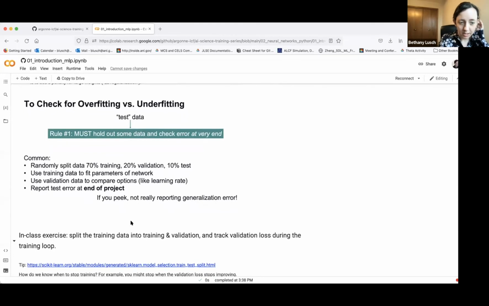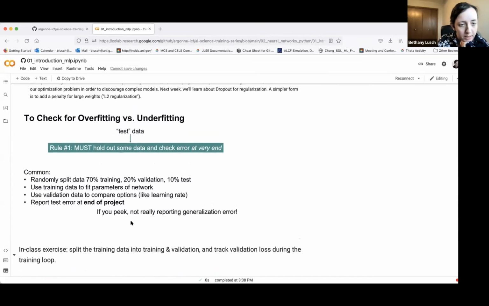Okay, so we're gonna do another in-class exercise. This time we're gonna go into breakout rooms so you can work with a few other people. So far, we've just been looking at training error. The test data is around, but we haven't touched it because that would be bad. Now I've introduced the idea of validation error. So the in-class exercise is to split that training data into two pieces, what you're going to call training, and what you're going to call validation.